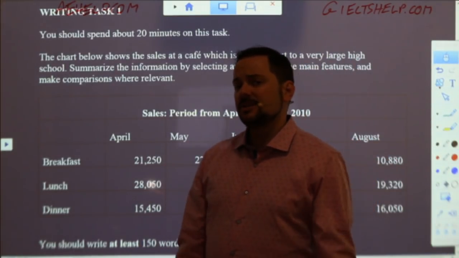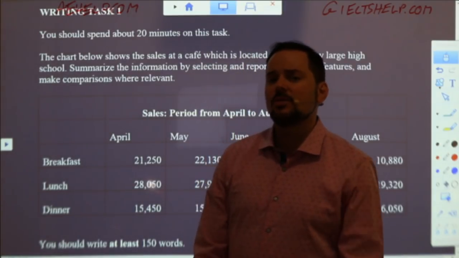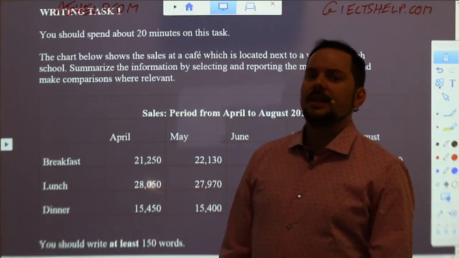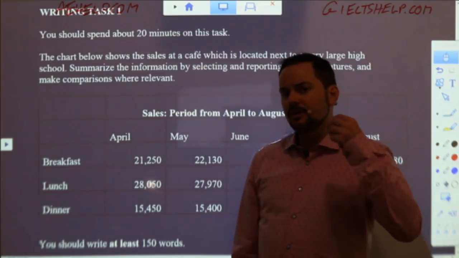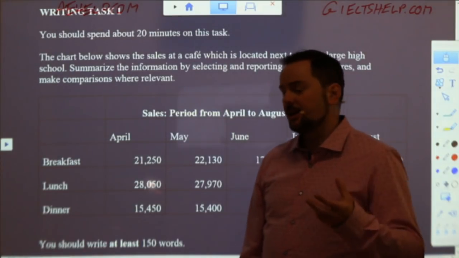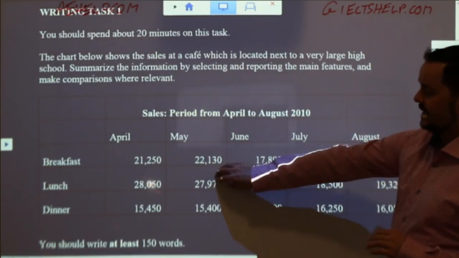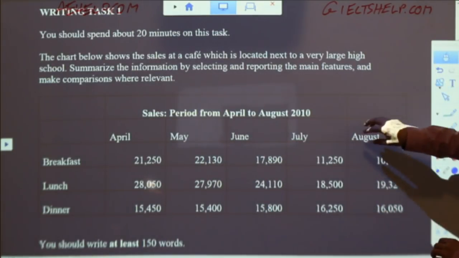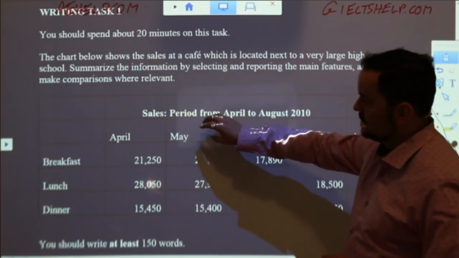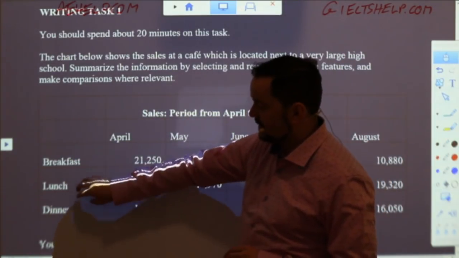You can still get a 6, 6.5. You can still get an okay score. But definitely, if you use a little bit more critical thinking, more analytic thinking, and you notice that, hey, wait a second, these are details. The big pieces of information are the months and the meals of the day.